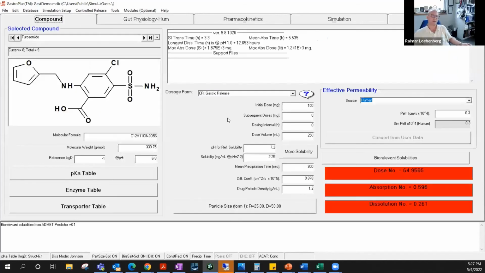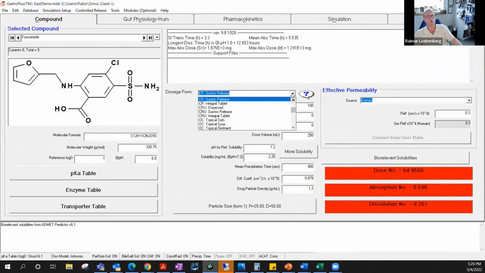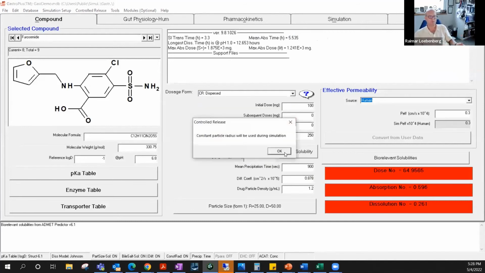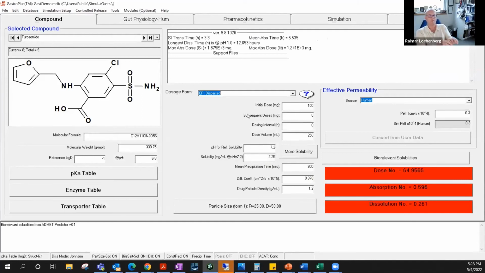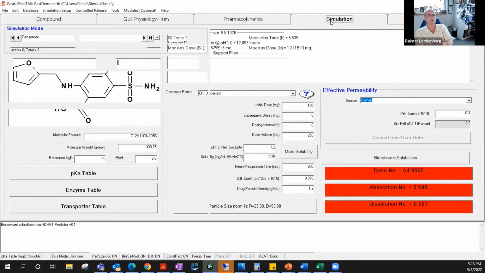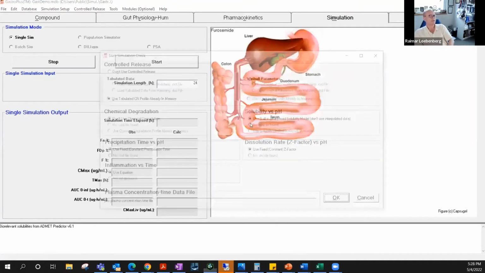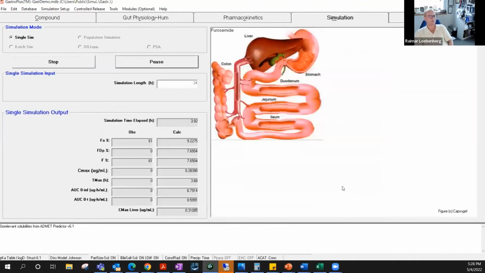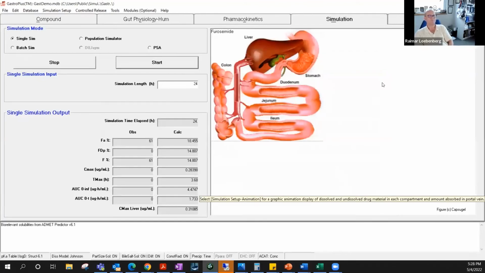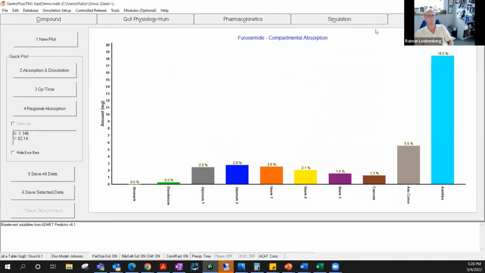But what would now happen if we take a dosage form which is not an immediate release dosage form, but a dispersed system, which would go through the gut and dissolve on its way through the gut? So a dispersed system. Let's have a look at what happened here, also for the same dissolution pattern. And now look at the total amount bioavailable, absorbed, only 18%.